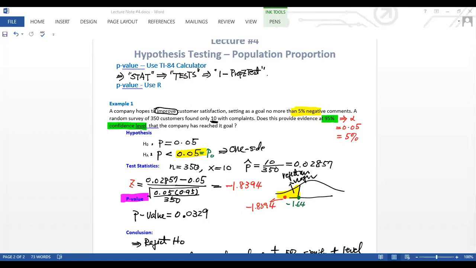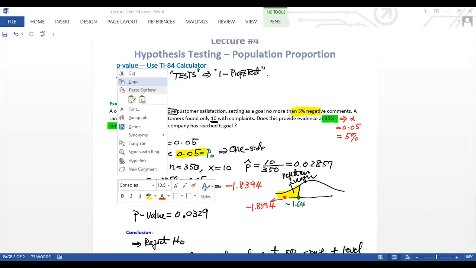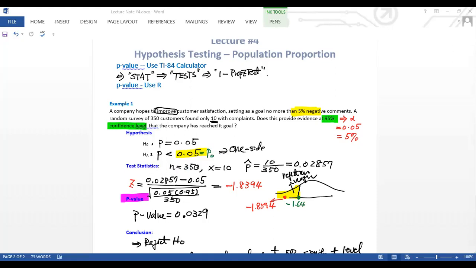Let's go back to my lecture notes here. Let's try to write it down. How do I use R to do the testing here?